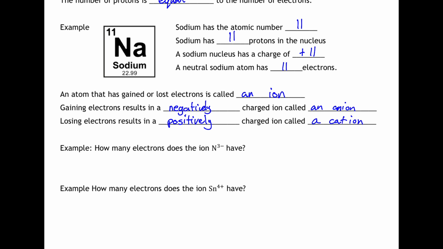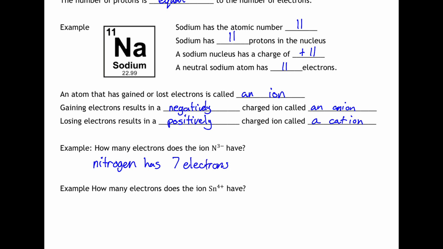All right, quick math. Let's figure out the N to the negative 3 ion. How many electrons does it have? First, we've got to figure out what element is N. Nitrogen. How many electrons does neutral nitrogen have? 7, because it's number 7. So 7 electrons.